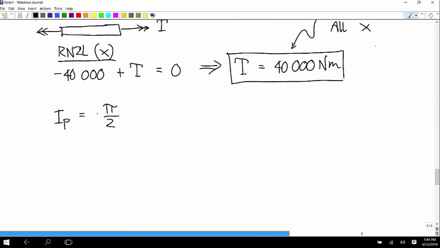So the polar moment of inertia is pi over 2 times 0.05 to the fourth, and that is 9.82 times 10 to the minus 6 meters to the fourth.